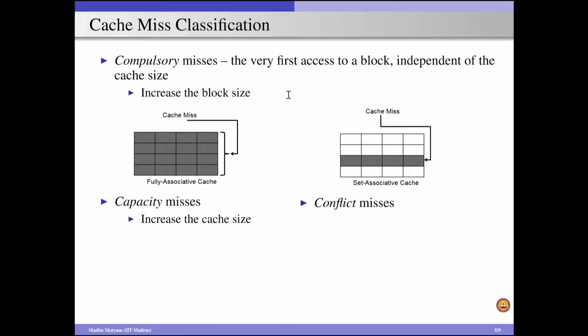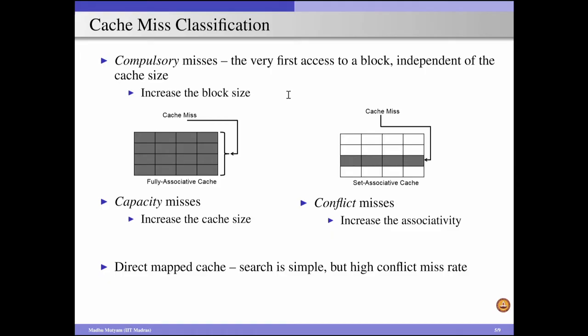This says that misses happen because of lack of space in a given set. That is called a conflict miss. To reduce the conflict miss rate, all we have to do is increase the associativity of the cache. Rather than considering a 4-way associative cache, if I consider an 8-way associative cache, I can reduce the overall conflict miss rate.